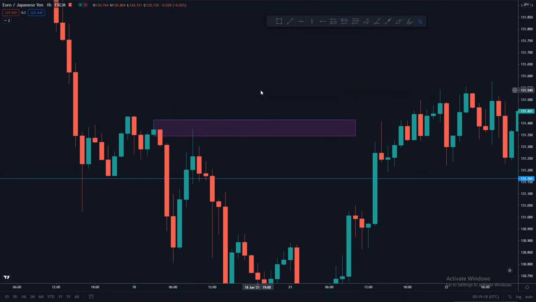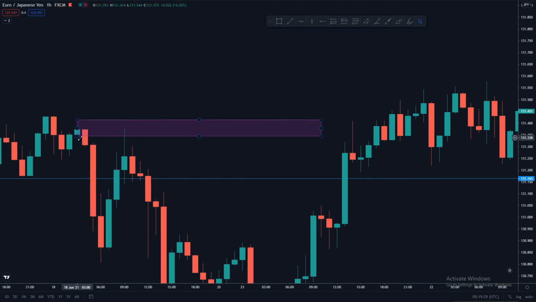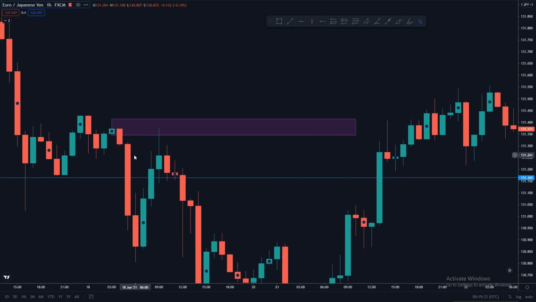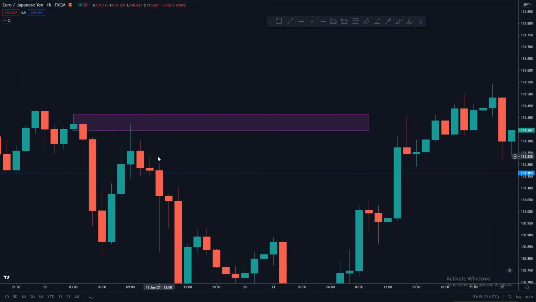Perfect. This is the last bullish candle going down, right? The last bullish candle that caused the market to go down. Perfect. So now what are we going to wait for? We're just going to wait for the market to come back to this zone.